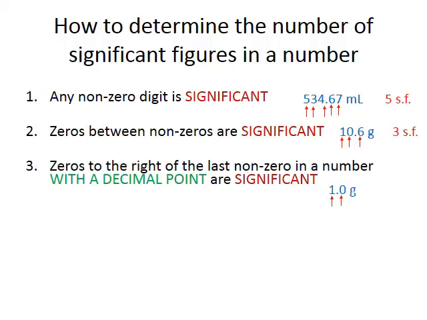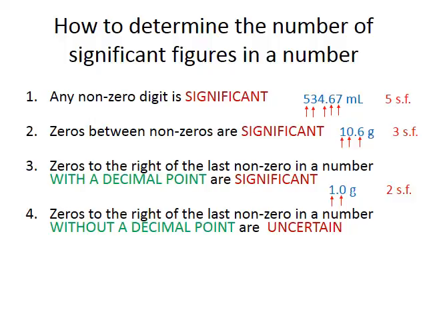The decimal point wouldn't have been placed there unless we wanted to indicate that that 0 is actually a significant part of the measurement. Otherwise, we would have just said 1 gram. So in this case, both places, the 1 and the 0, both numbers are considered significant, and we say we have 2 significant figures.